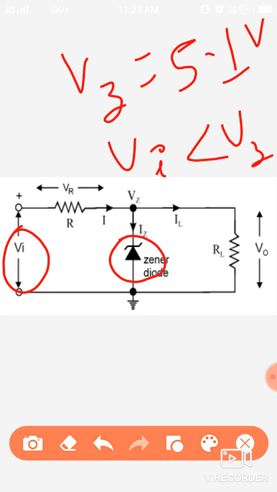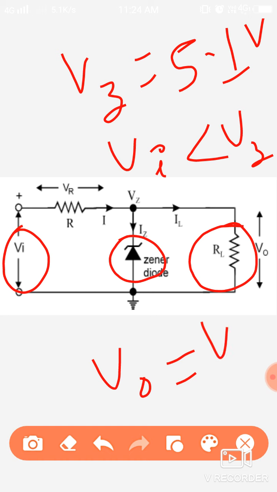In this condition, all the voltage will drop at the load resistance RL, and V0 is always equal to Vi, because the Zener voltage is higher than the input voltage.